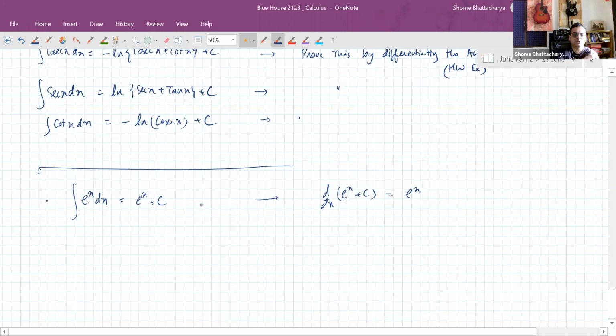At this stage, we will not be discussing the integration of natural log of x, which is a more lengthy process, which will come in later in advanced calculus. So these are the primary formulae that you have to remember for integration. The x to the power n rule with the exception for n equal to -1, the 6 trigonometric functions integrations, and the exponential functions integrations. So from a formula point of view, this is all we need for integration.